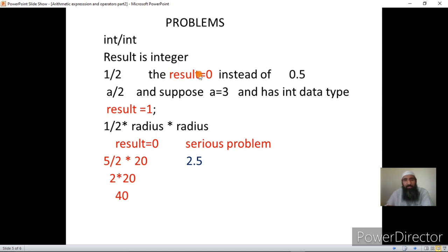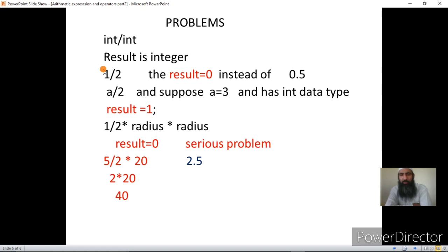So the result is 0 instead of 0.5. This will lead to errors in the formulas where you will be using this type of operation. That is, you will be dividing an integer by an integer, and you will always lose the fractional part. So you will lose the fractional part, or decimal part, in your computations. Fractional and decimal part are the same, and once you lose that part, you won't get the correct results.